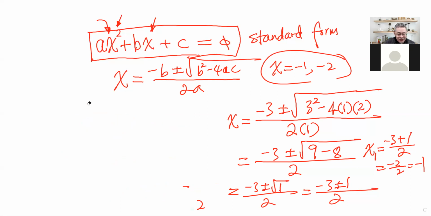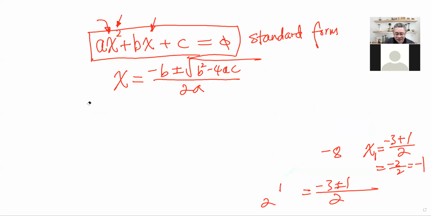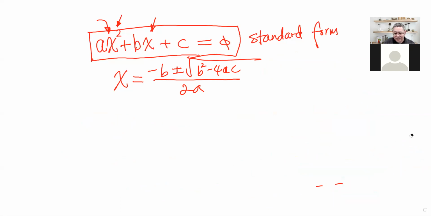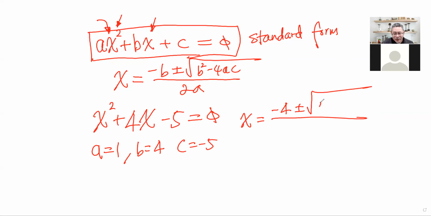So I'm going to do another one. This time we got x squared plus 4x minus 5 equal to 0. So we got a is 1, b is 4, c is negative 5. Based on the formula, we got minus 4 plus minus the square root of 4 squared, b squared, minus 4ac, where a is 1 and c is negative 5, over 2 times 1.